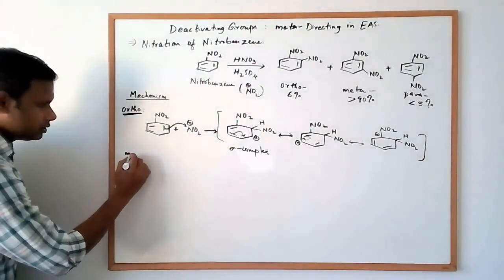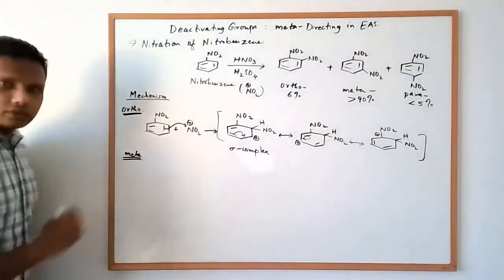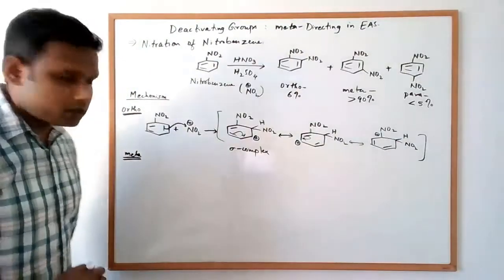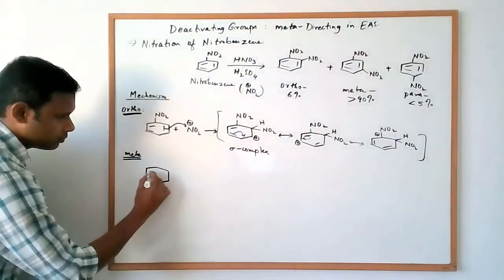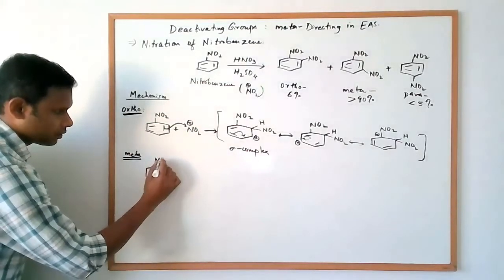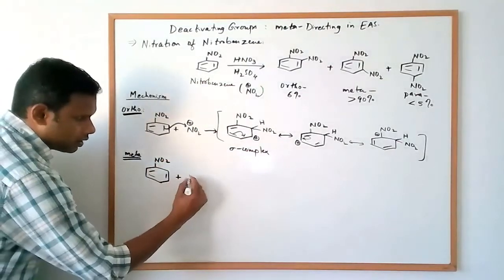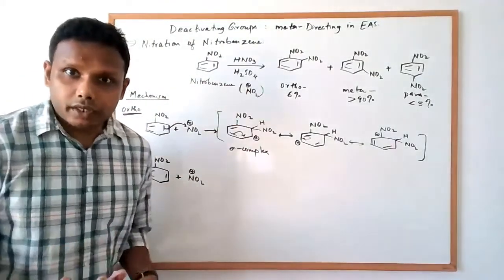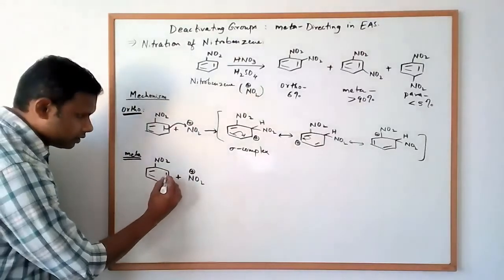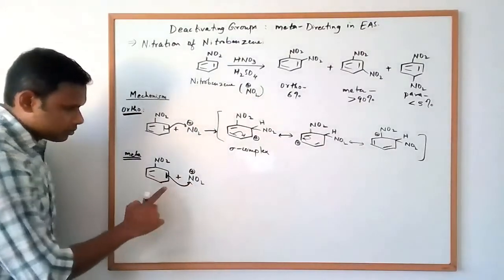Let's write similar resonance forms for the formation of the meta product. So for the meta product, again, we start with nitrobenzene. And the ring is going to do a nucleophilic attack on the nitronium ion, which is the electrophile. And this time we're going to use a pi bond here.